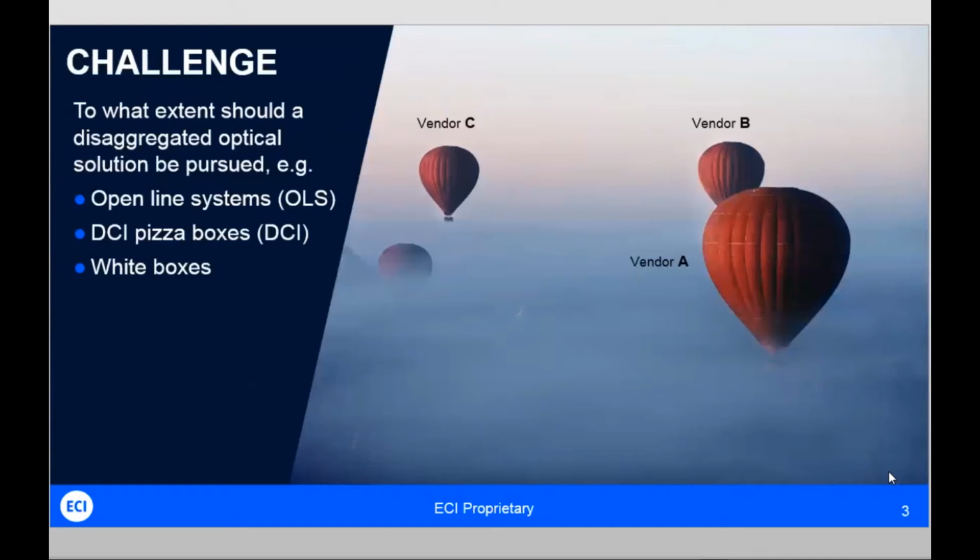You have DCI or data center interconnect pizza boxes, where you have very densely packed series of transponders or muxponders for very high performance point-to-point communication. And then even things such as white boxes, which you would see in the TIP project, for instance, where people would have disaggregated software and just really, really basic levels of hardware, and even further down the value chains in terms of how far you can go with disaggregation.